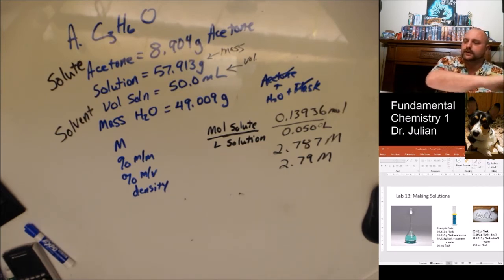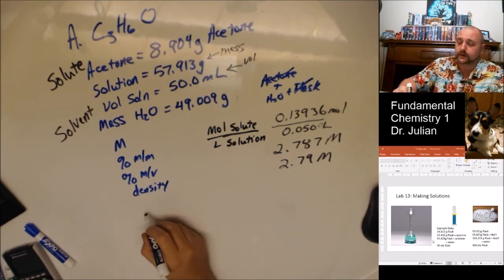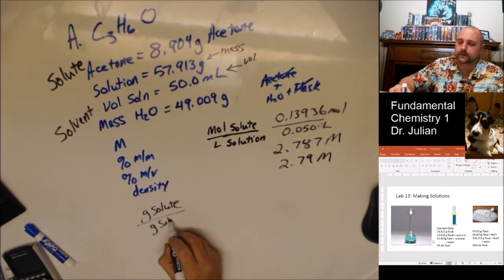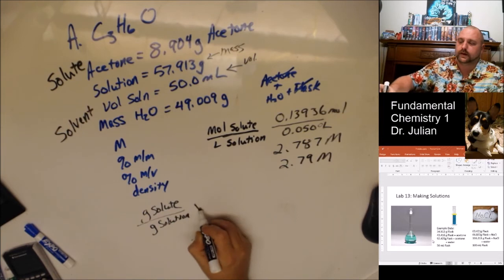Then it asked me percent mass by mass. Percent mass by mass. We need to have grams of solute over grams of solution times 100.